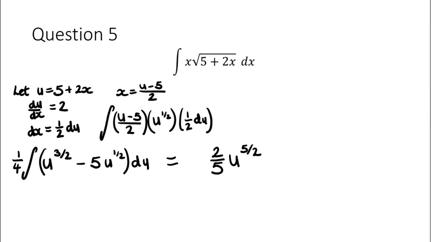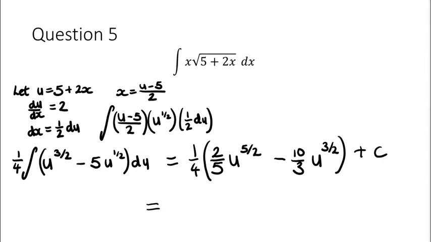And then u to the power of a half becomes u to the power of 3 over 2. Divide by a new power, 3 over 2. That's the same as multiplying by 2 over 3. Don't forget that all of this gets multiplied by a quarter. Just make sure we've got our plus c in there as well.